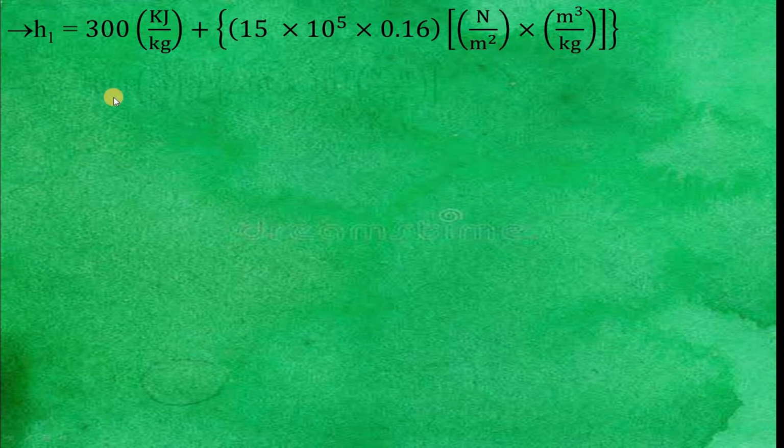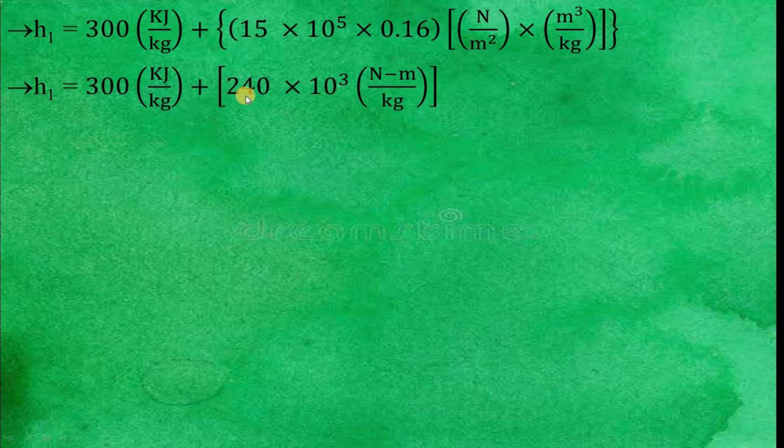So the next step will be H1 is equal to 300 kilojoule per kg plus 240 into 10 power 3 Newton meter per kg. Here 10 power 3 Newton meter is kilojoule. Therefore, I am going to rewrite this 240 into 10 power 3 Newton meter per kg as 240 kilojoule per kg. So the next step will be H1 is equal to 300 kilojoule per kg plus 240 kilojoule per kg.